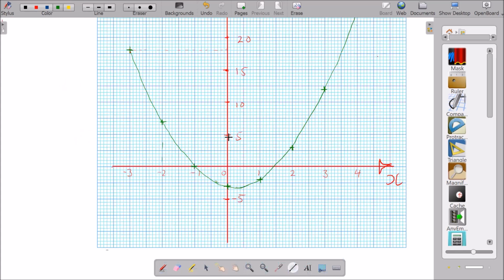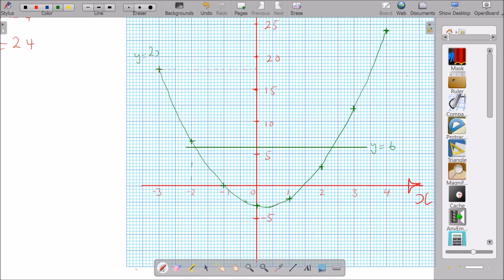Y is equal to 6 is here. So we need a horizontal line. So this is our y is equal to 6. And this is our y is equal to 2x squared minus x minus 3. So we are interested in these points of intersection.